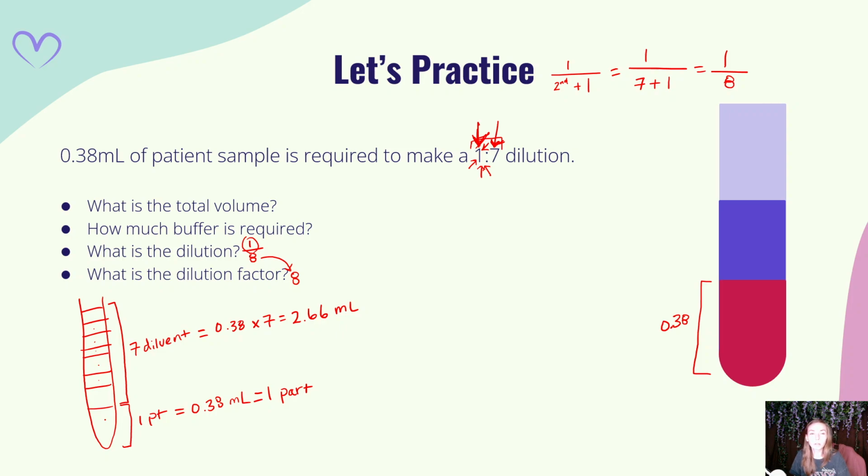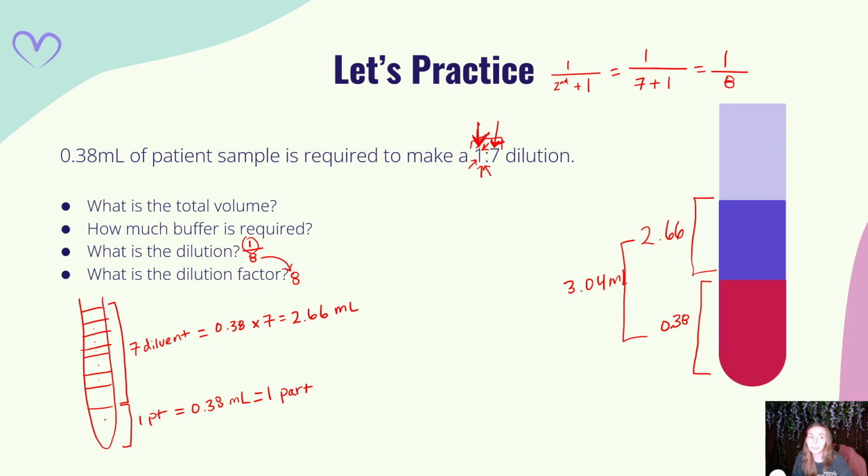2.66 plus 0.38. Okay, yeah, it's definitely my computer that was wrong. To get the total volume, we add our volumes together, so 2.66 plus 0.38, which is roughly 3.04 milliliters.